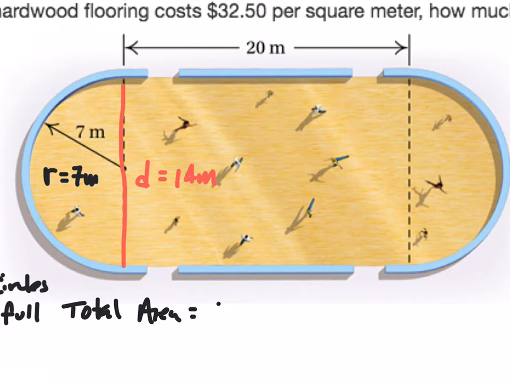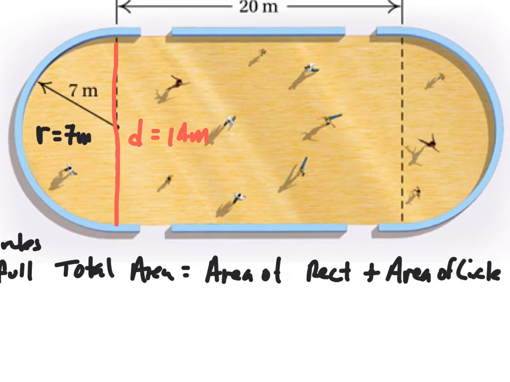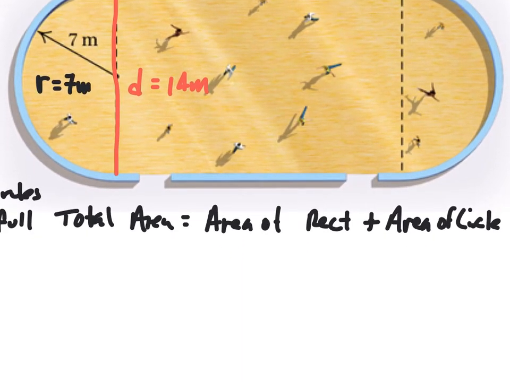we want to do the area of the rectangle plus the area of one circle. All right, so what I want to do with this is a 20 by 14 roller rink. So I'm going to do area is equal to 20 times 14.